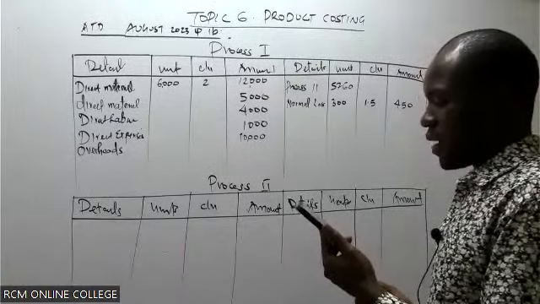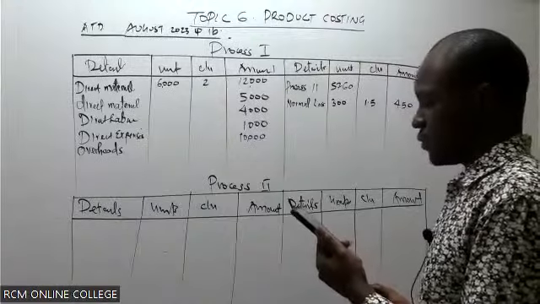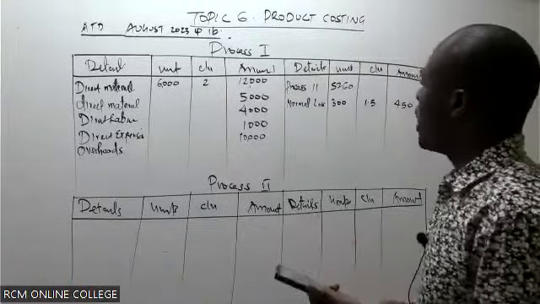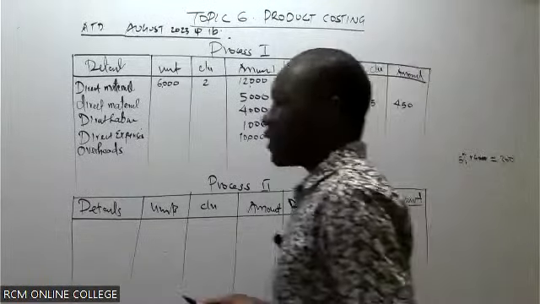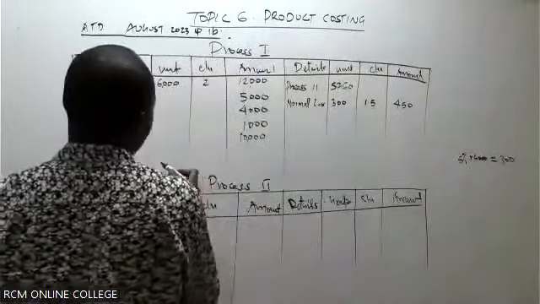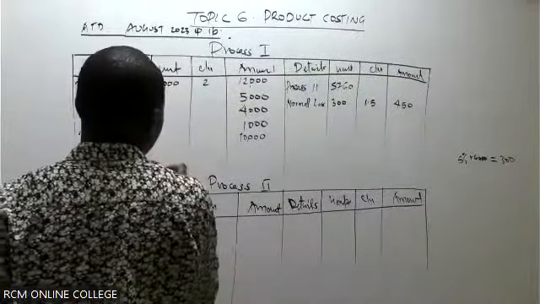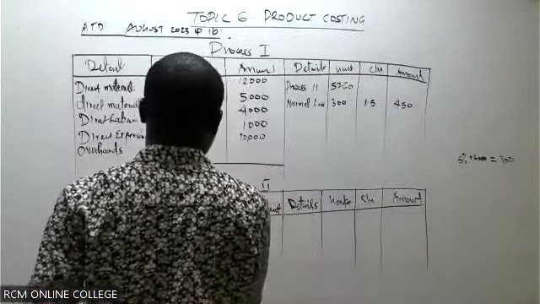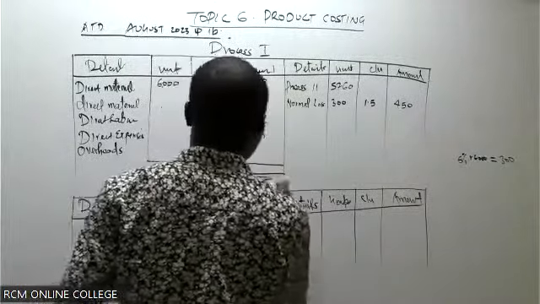Okay, having done that, we now need to understand, are these accounts balancing? The units must balance, because if I brought in 6,000 units, even with the normal loss taken care of, I should be having the same number of units.